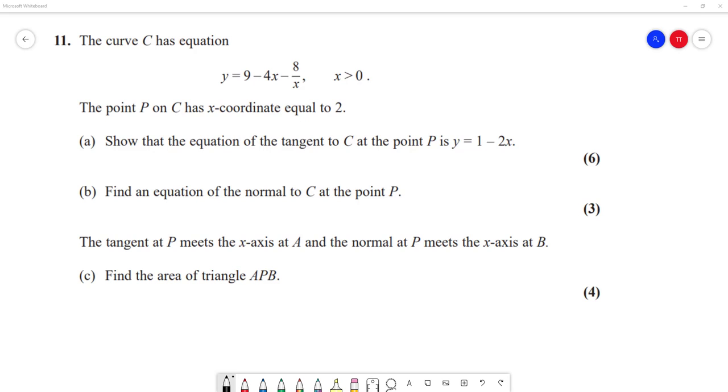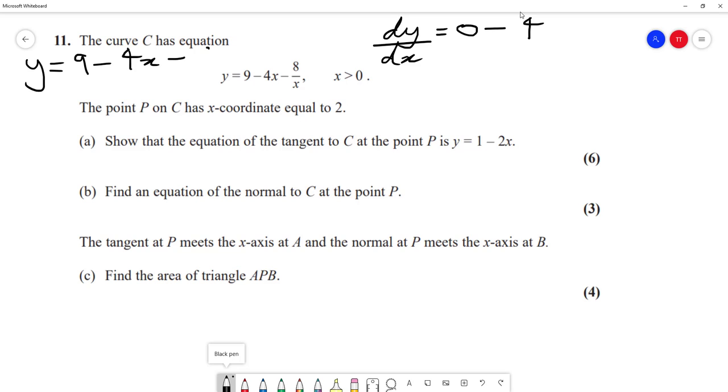So what we do for a question like this is we first differentiate the function we have. So we do dy by dx. Now any constant differentiated will give me 0. Minus 4x differentiated will simply give me minus 4. And don't forget, this is really written as y equals 9 minus 4x minus 8x to the power of minus 1.